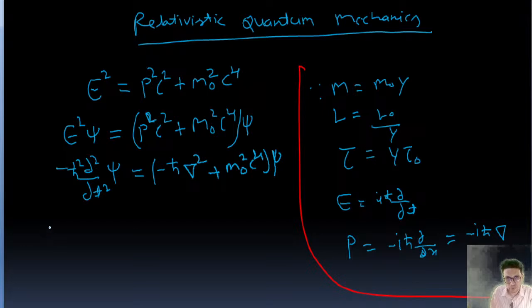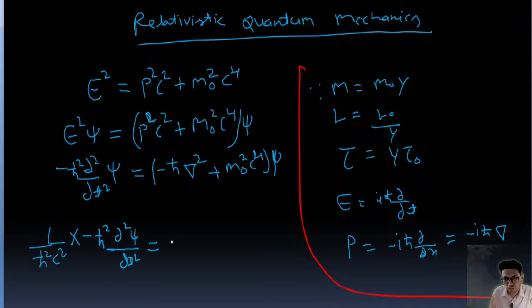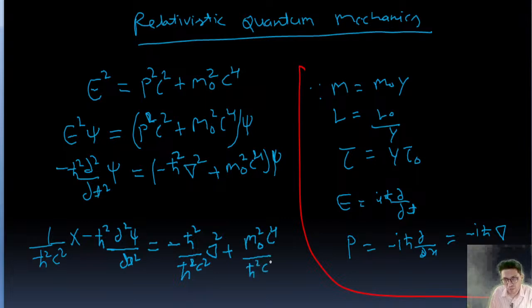So this is going to be minus h cut square upon h cut square c square del square psi upon del t square, equals minus h cut square upon h cut square c square del square psi plus m naught square c4 upon h cut square c square psi.